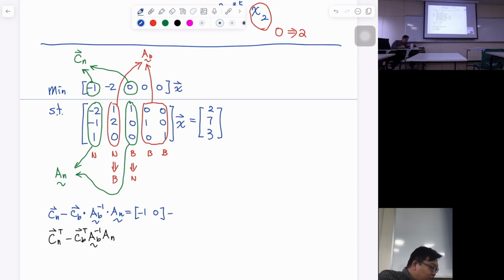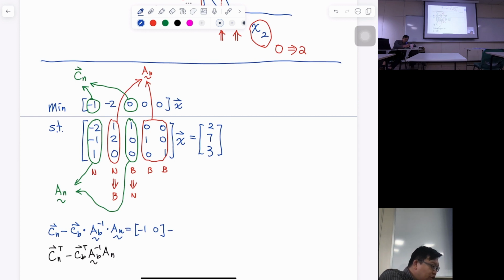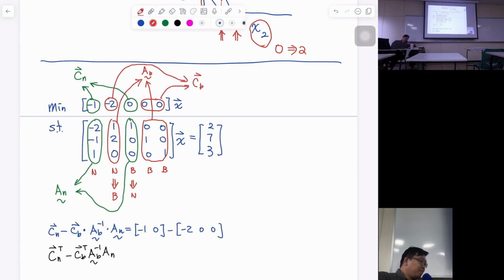We need a CB transpose. So your CB will be the red circle ones, here and here, okay? That would be your C basic, right? And then A, B inverse.